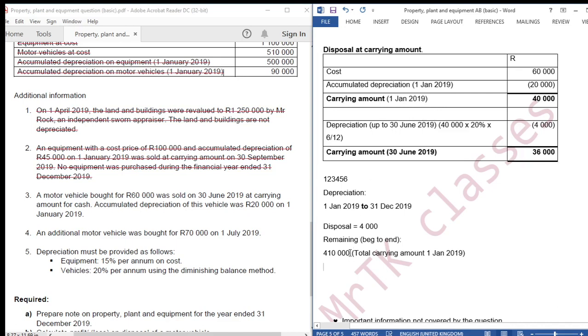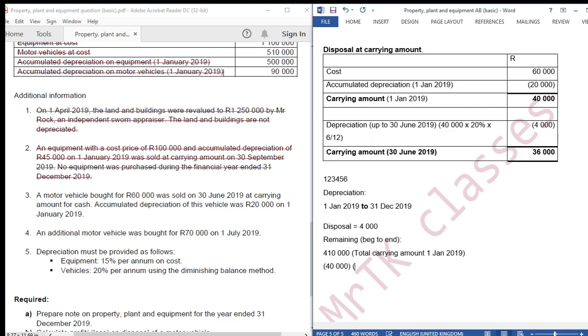So its carrying amount is also in here. We need to remove it. So we subtract 40,000. Why 40,000?